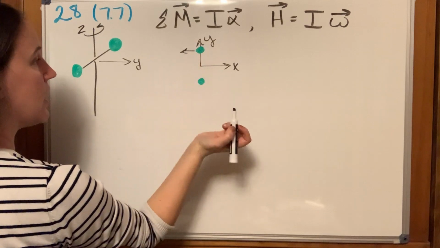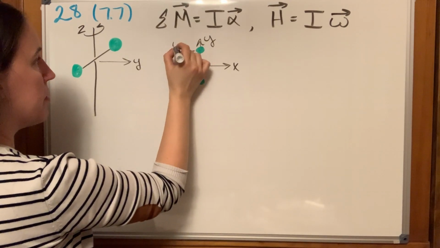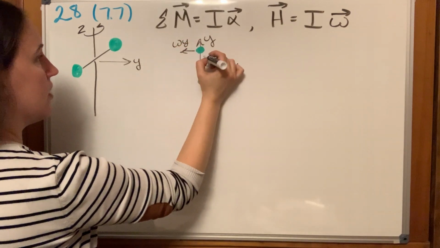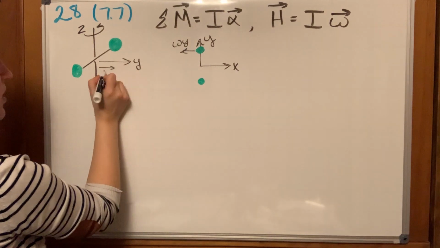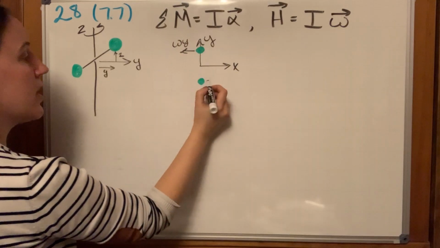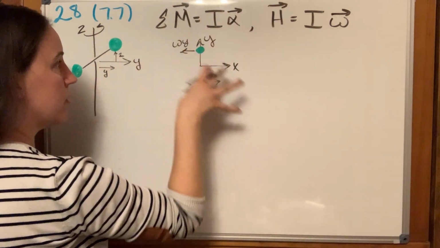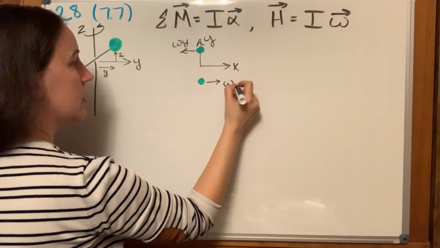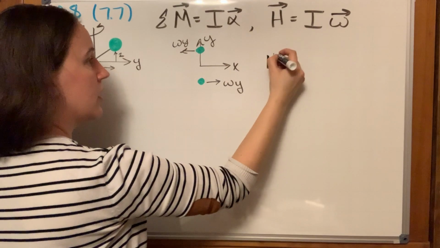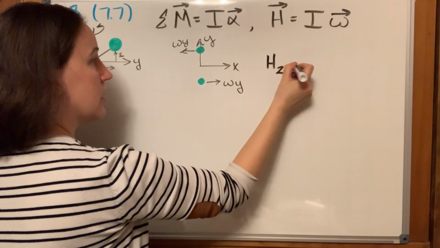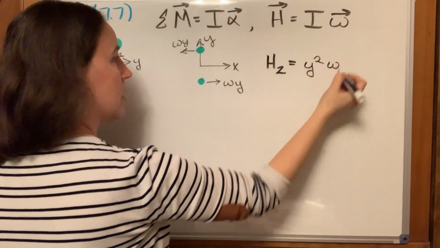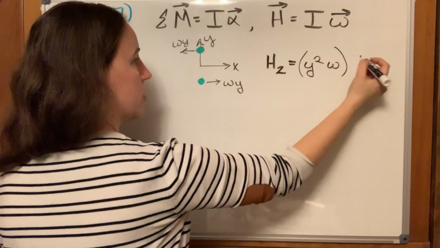If this dimension here is going to be y, the velocity would be omega times y, and it would also have distance y, so we would have h in the z direction equal to y squared omega. And then, of course, we'd have 2 of these.